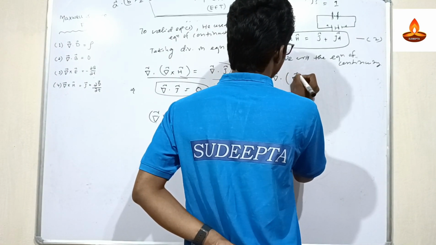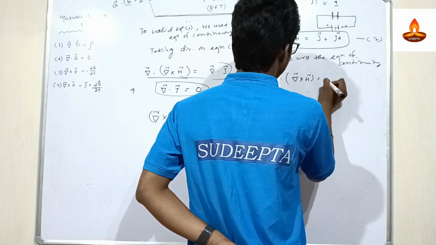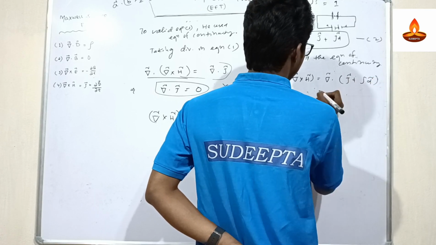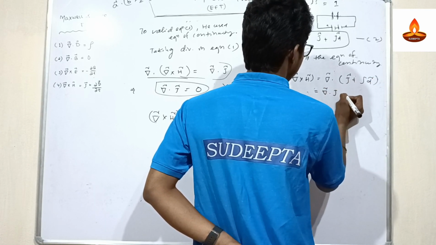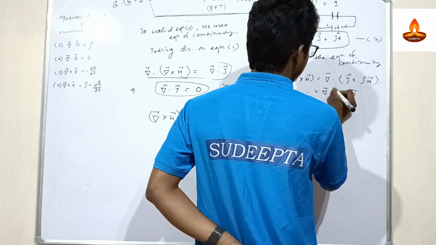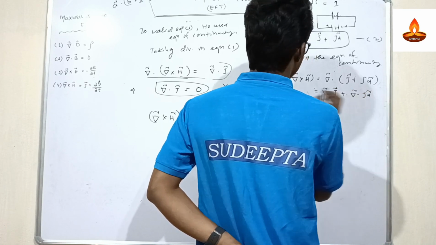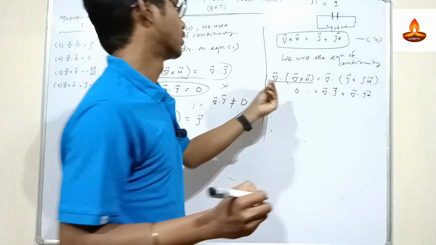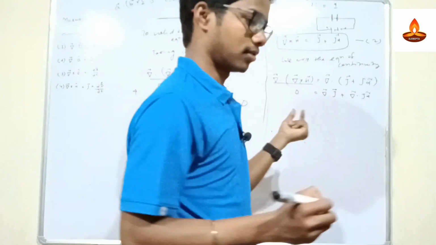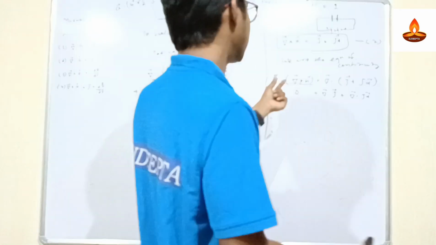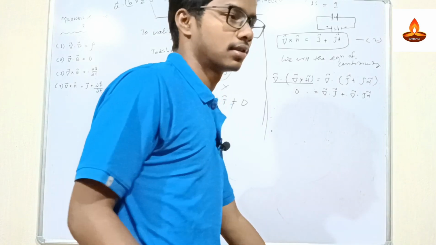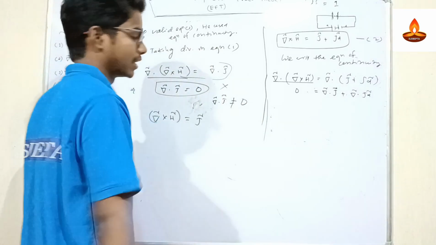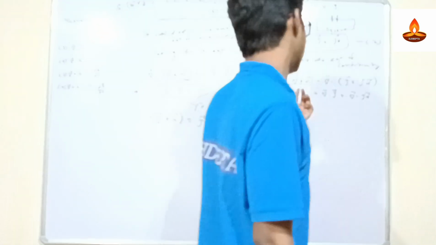Divergence of curl of H is equal to divergence of (J plus JD), which is divergence of J plus divergence of JD. The left term will be 0 because the divergence is taken of a curl, which is in rotation. That is the vector identity, A dot (B cross C), so this term will be 0.